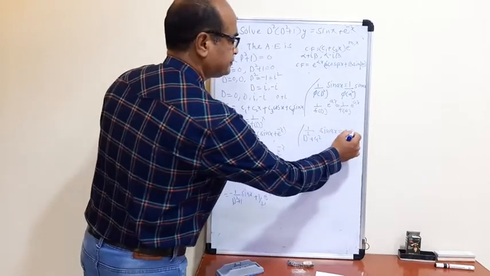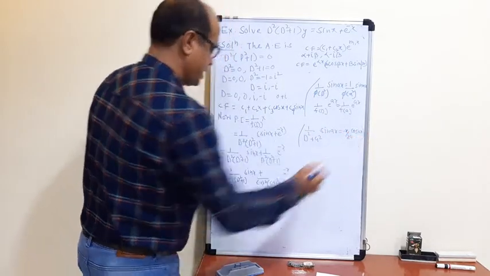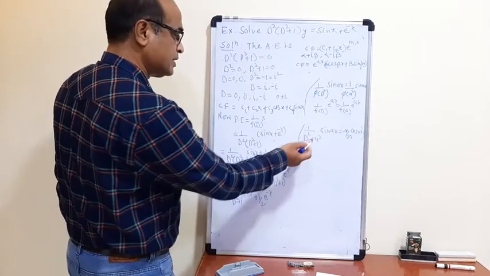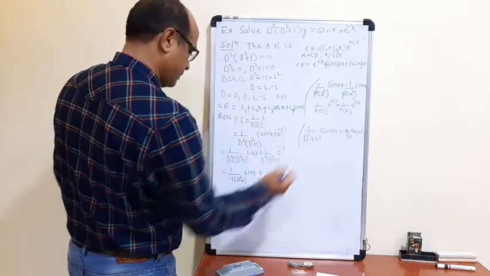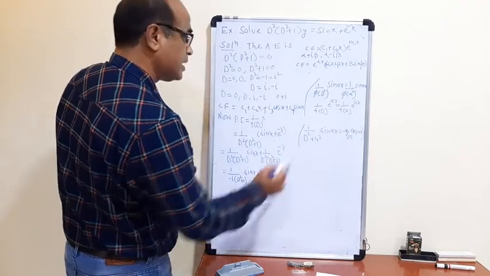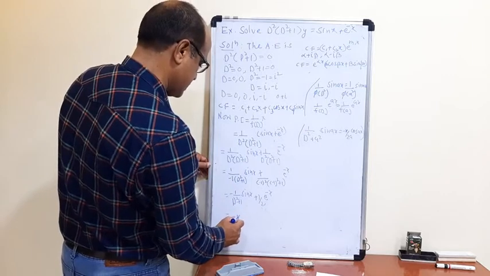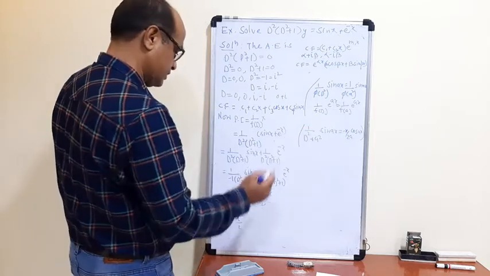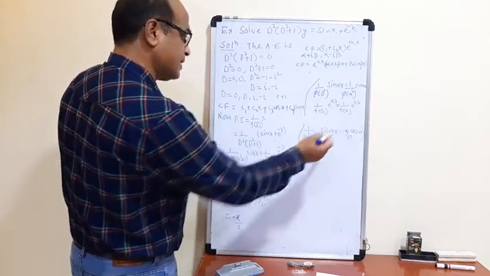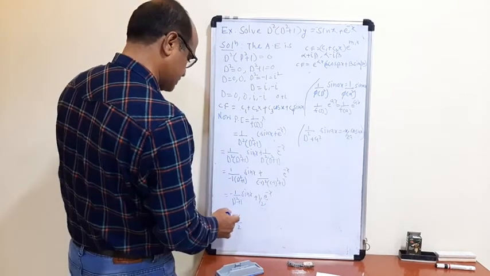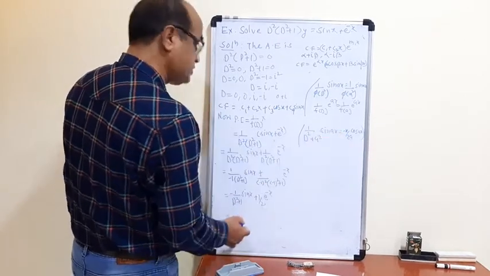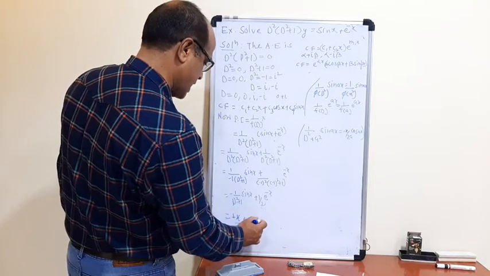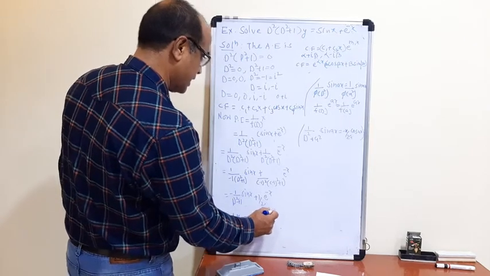Here a square is 1 and a is 1, so this is equal to minus x upon 2 cos x, and together with the other term, plus 1 half e raised to minus x. So we get the particular integral of this example.